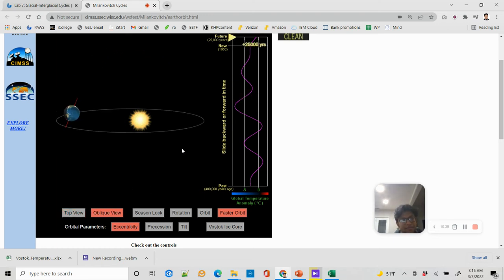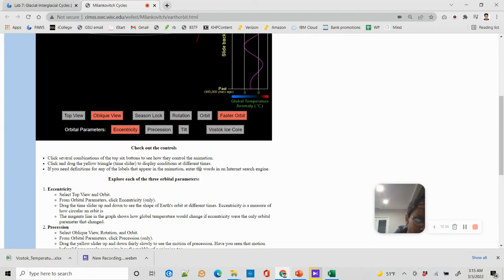If you look at the oblique view, you can see it in a different way. It's not shrinking, you see, the orientation is changing, the orbit is moving this way. So let's take you through the instruction here.